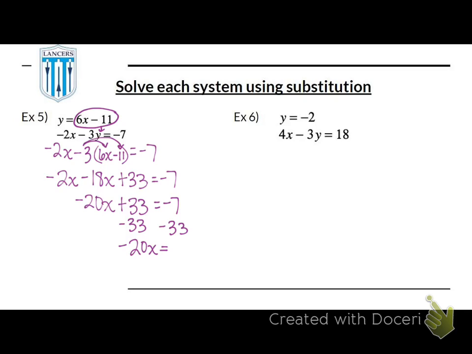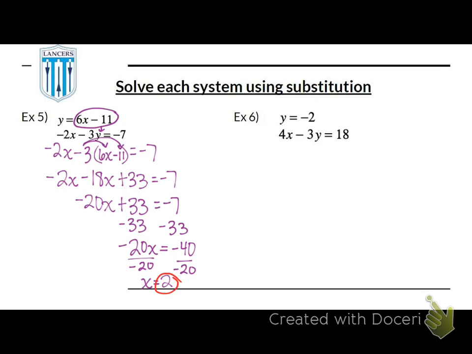Negative 20x equals negative 40. Last step. Divide. What do we get for x? Negative divided by negative is a positive 2. Okay, again, one sign error is going to throw off the rest of the problem.